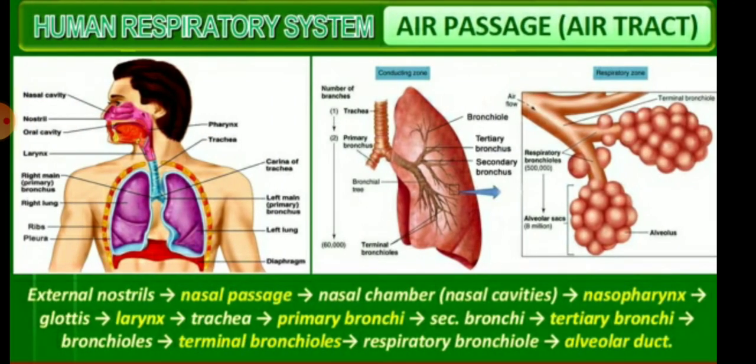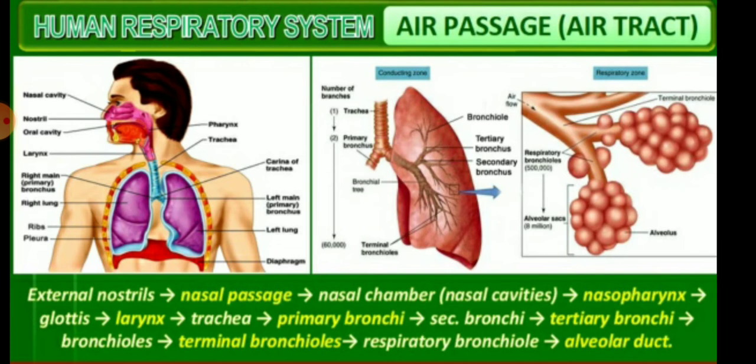Children, you can easily understand the passage of the human respiratory system with the flow chart. The external nostrils are the first part, and then the air passes through the nasal passage to the nasal chamber, or we can say the nasal cavity. After that, the nasopharynx, then glottis, then larynx.